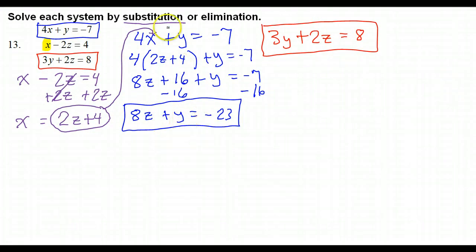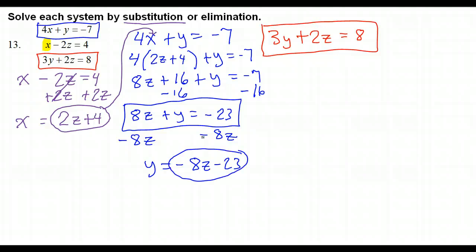Okay, so what I could do is see how this y term has a leading coefficient of 1. It's basically by itself. It would be easy to isolate the y on one side of the equation. So I could subtract 8z from both sides, and that's going to give me y equals negative 8z minus 23.